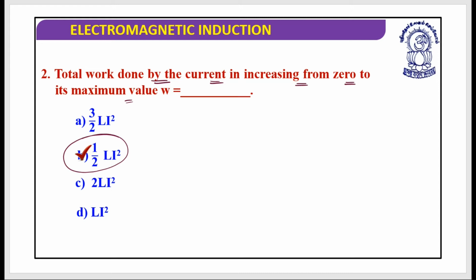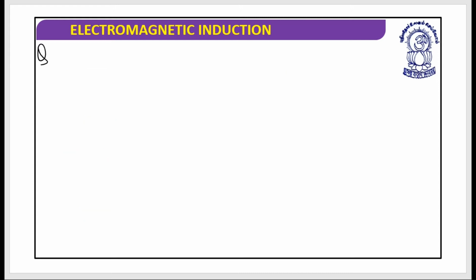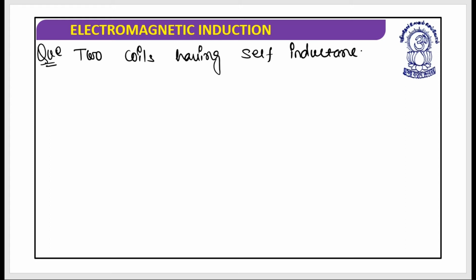Great. Now let's look at the next question. Let's say two coils are there, having self inductance L1 equals 4 millihenry and L2 equals 8 millihenry.